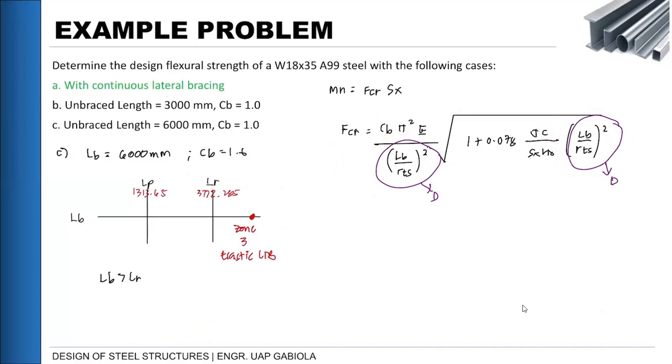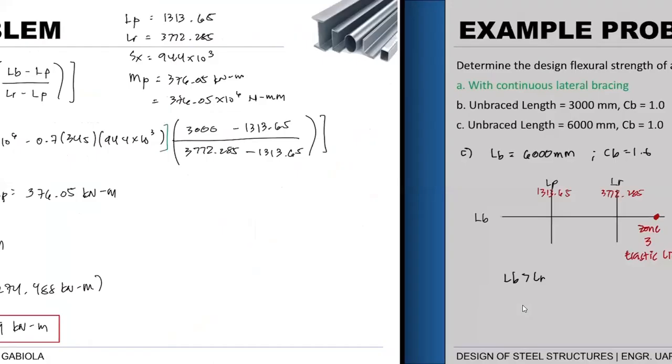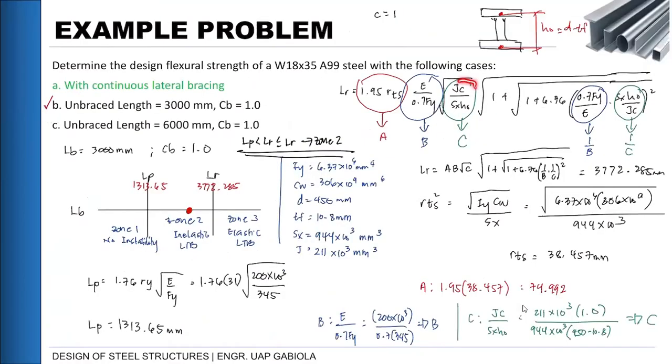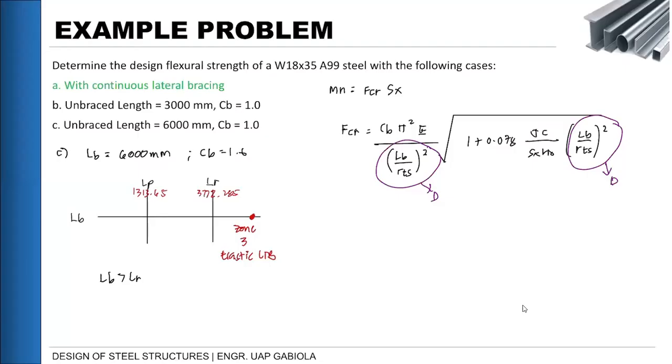And as you can see, itong JC over SXHO, ito yan, no? Yung letter C natin kanina. Okay? So dito, sa formula natin sa case number 3, ito yung C natin. Okay? So what we can do now sa FCR natin na formula will be CB pi squared E all over D square root of 1 plus 0.078 times C times D. Yan na lang yung formula natin.